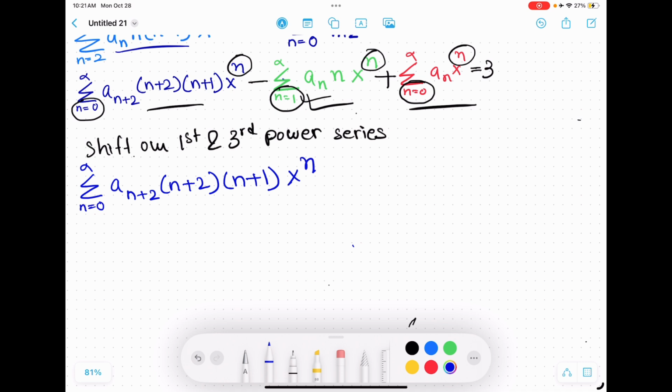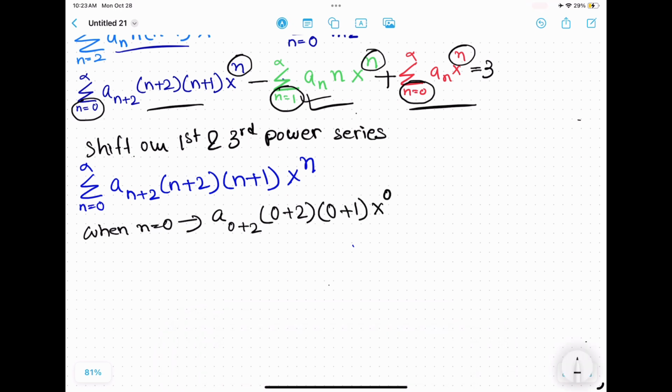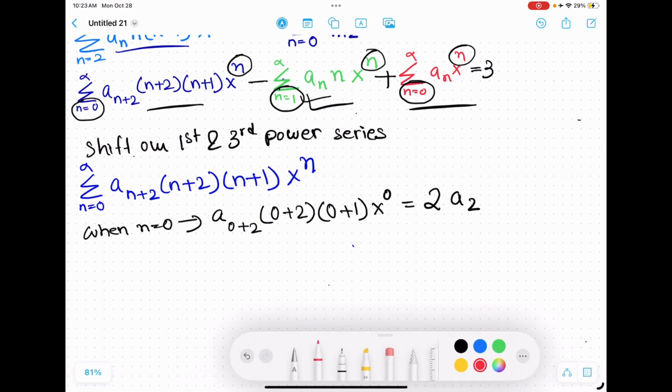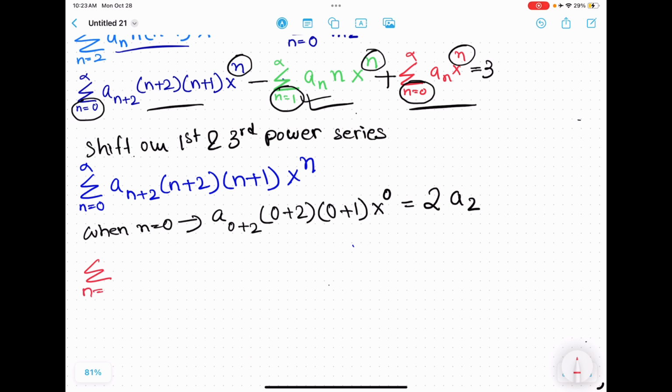When n is equal to 0, the series becomes a sub 0 plus 2 times 0 plus 2 times 0 plus 1 times x to the power 0, which simplifies to 2a sub 2.